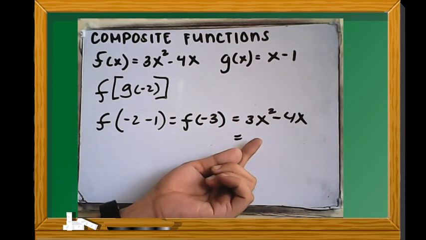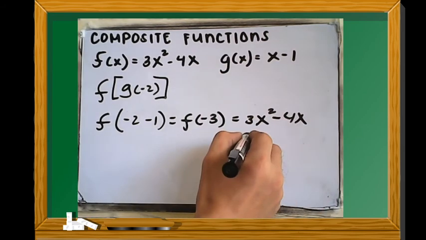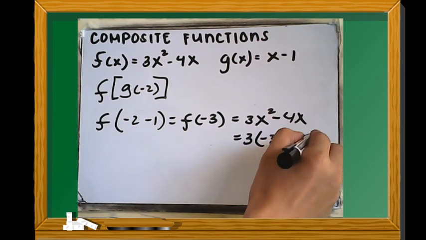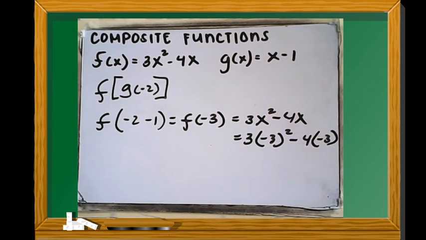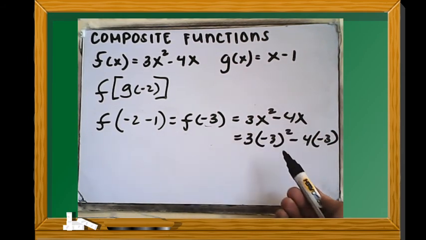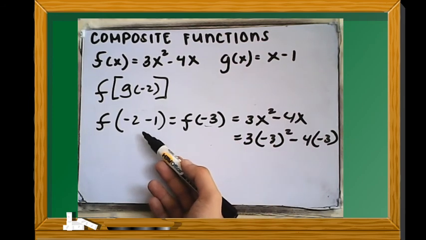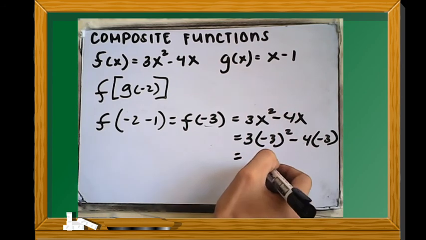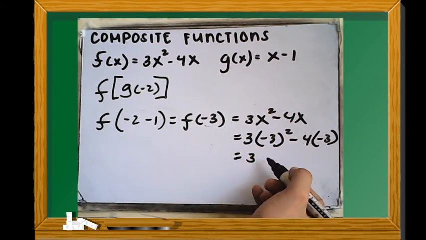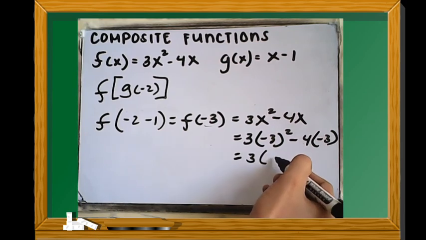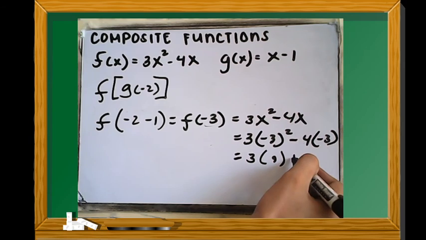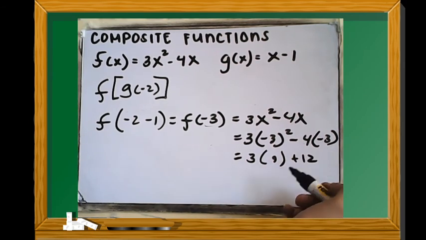So, papalitan natin lahat yan ng negative 3. So, 3 multiplied by negative 3 squared minus 4 multiplied by negative 3. So, lahat ng x pinalitan natin ng negative 3. Since ayun yung computed value natin sa g of negative 2. And then, negative 3 squared is 9, minus, so becomes plus 12, because negative 4 multiplied by negative 3 is positive 12.